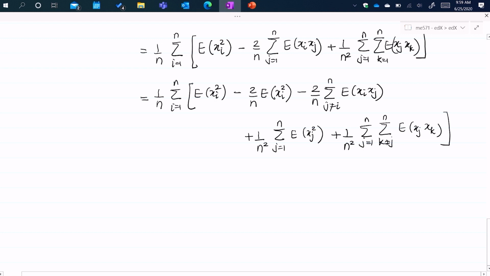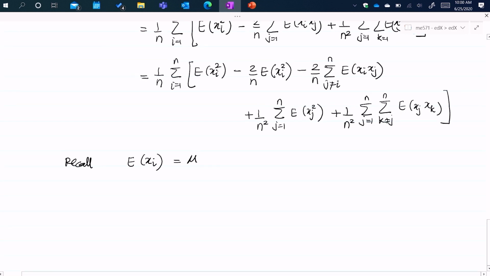We know that expected value of xi is mu, so recall this, and what we're going to say is that all observations xi, xj, etc. are independent, and each of them have an expected mean value to be the population mean. And recall also that variance of xi is sigma squared.